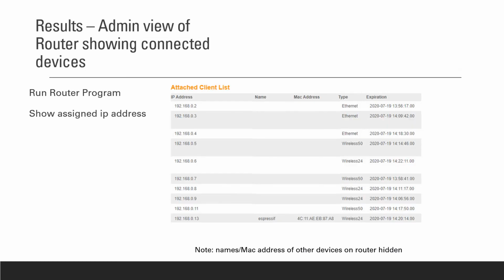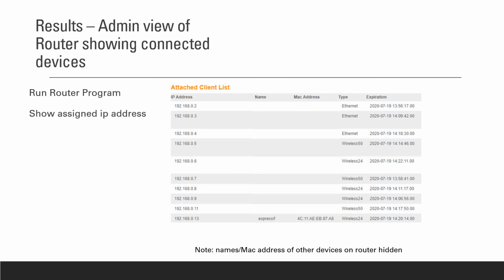Just to show that it's actually connected to something, I went into my Netgear router and looked at the attached client list, and I covered up a lot of the names of the other devices in my house that are connected and the MAC address associated with it, but I left how the Espressif ESP32 is shown.